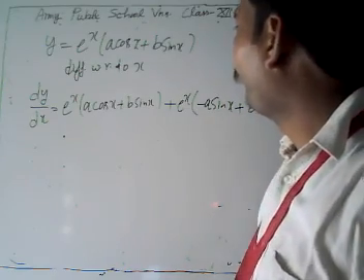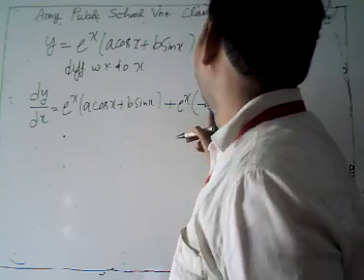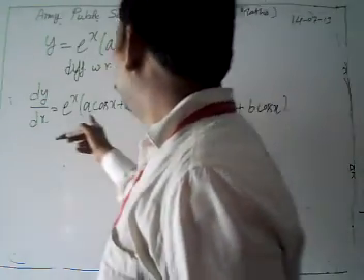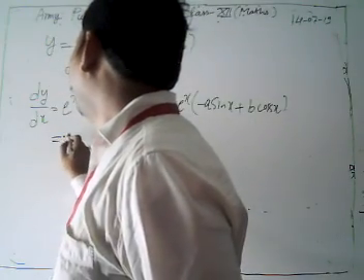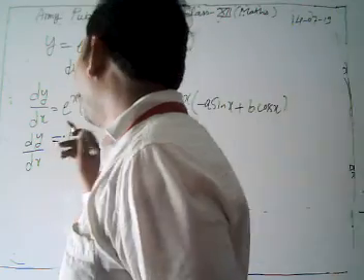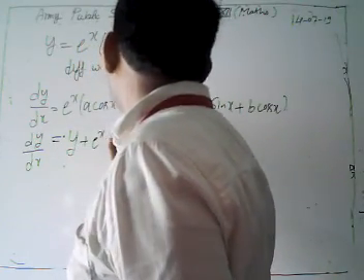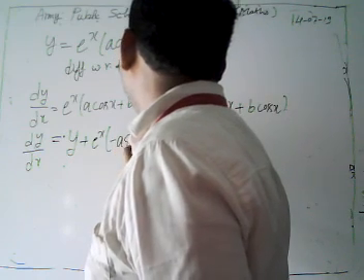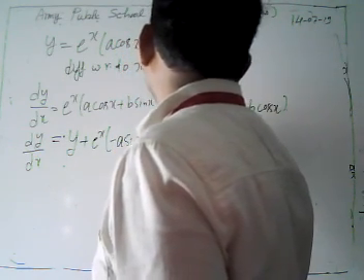So we have e to power x (a cos x plus b sin x) plus e to power x (minus a sin x plus b cos x). Our e to power x (a cos x plus b sin x) is y. Then we can write dy/dx is equal to y plus e to power x (minus a sin x plus b cos x).